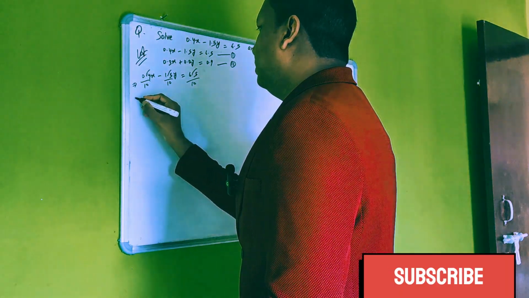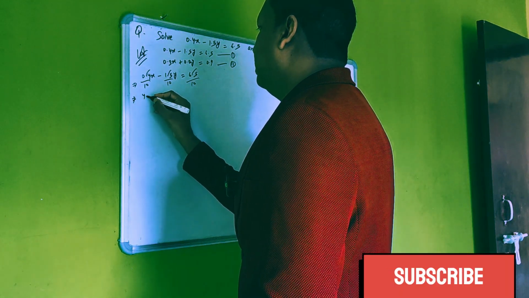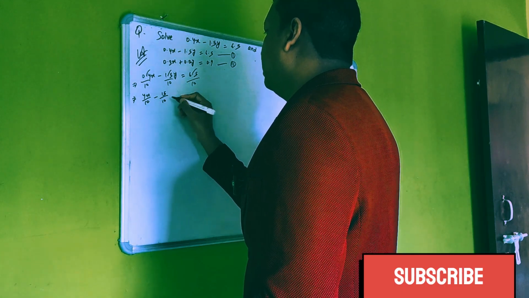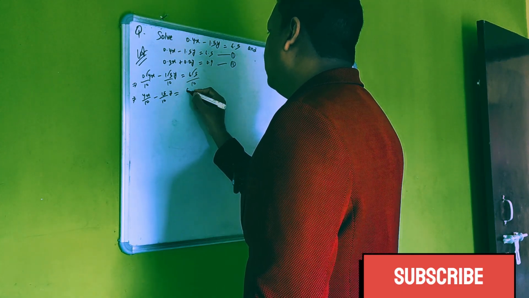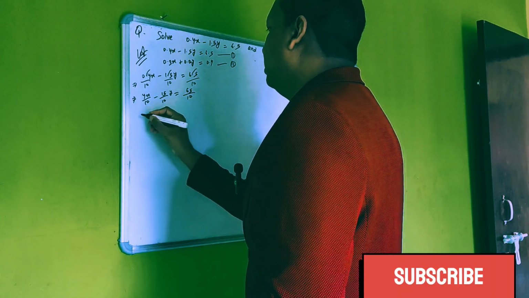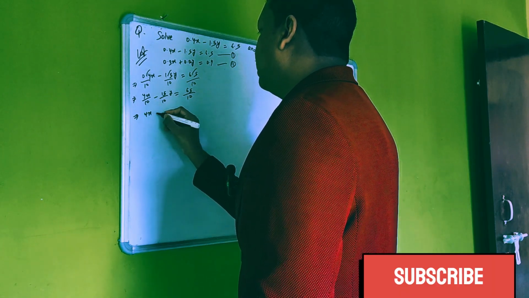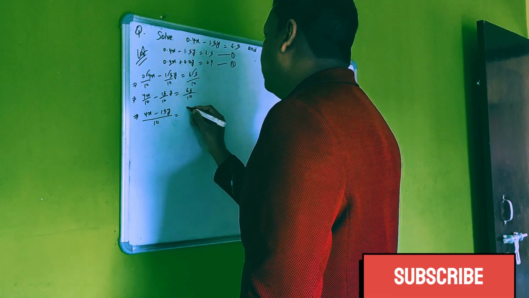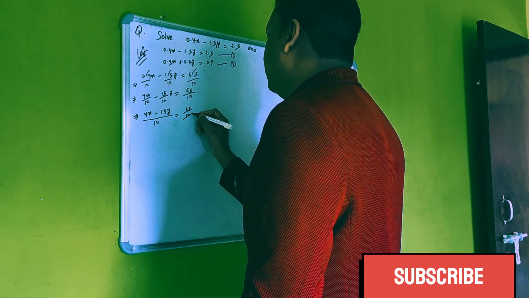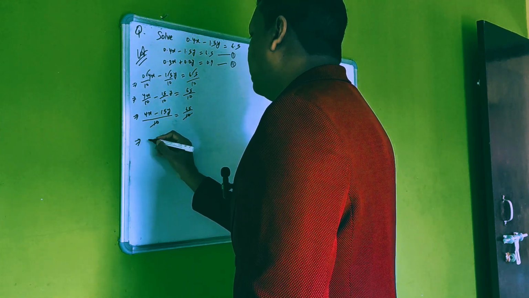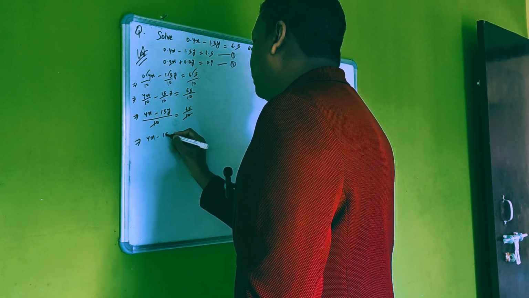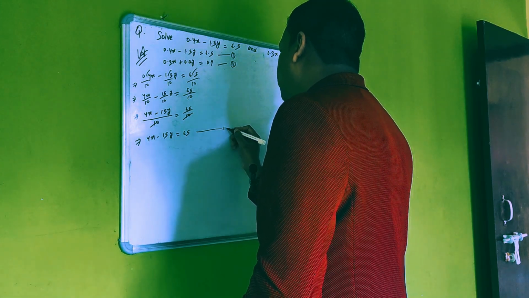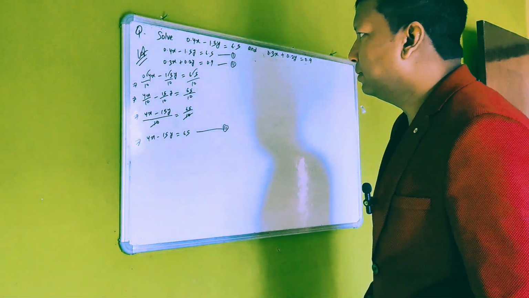Or we can write this as 4x by 10, then 15y by 10, and here 65 by 10. Or 4x minus 15y divided by 10 equals 65 by 10. Or we can write 4x minus 15y equals 65. Let's assume this is equation 3.